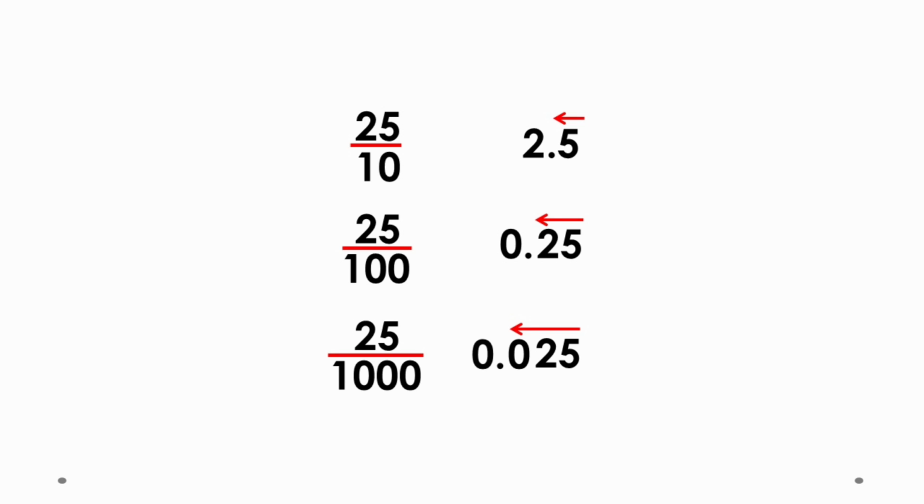In all these examples, it was easy to put the decimal as we had 10, 100 or 1000 in the denominators. But what if we get a fraction like 2 by 5? How do we convert this into decimal? To begin with, we need to convert the denominator 5 into 10, which should not be very difficult, as 5 multiplied by 2 gives us 10. As we know, if we have multiplied the denominator with 2, we need to multiply the numerator also with 2.